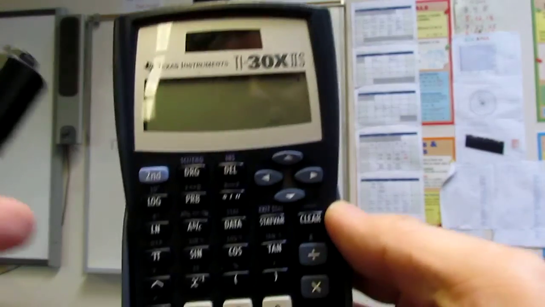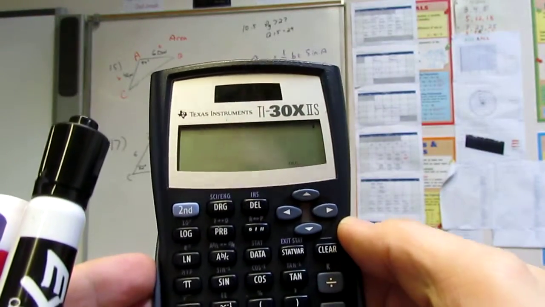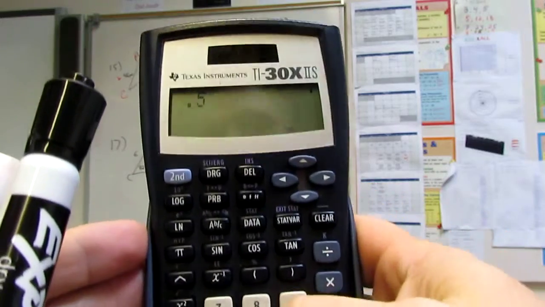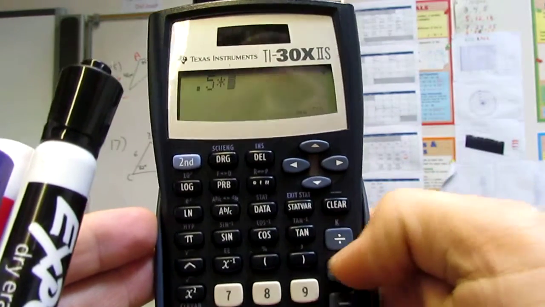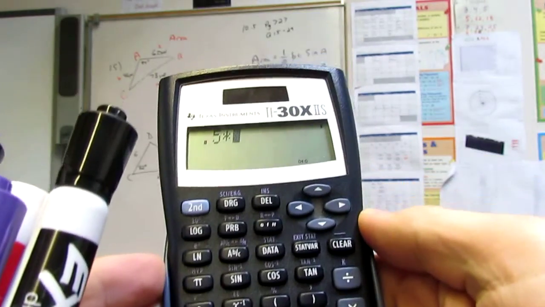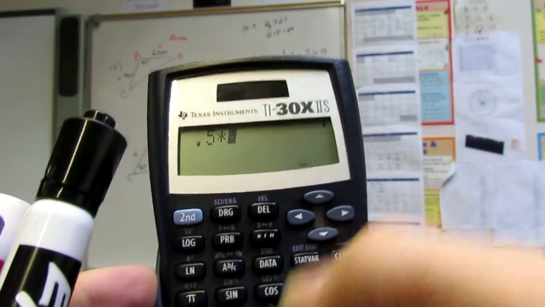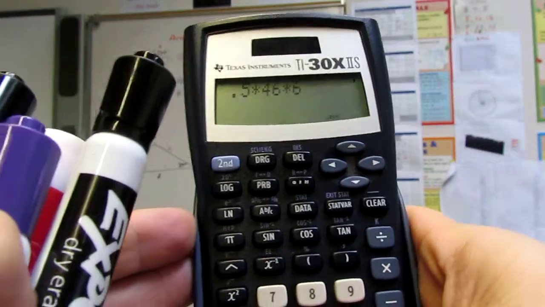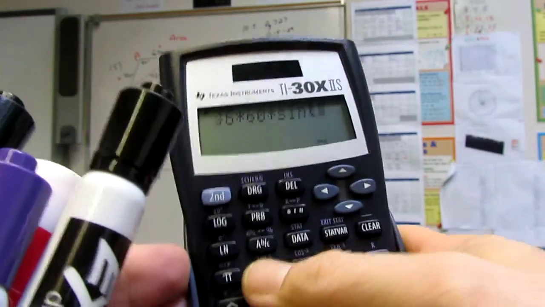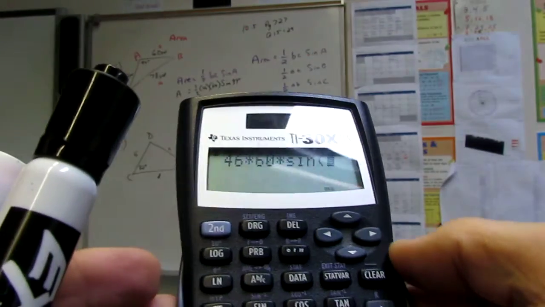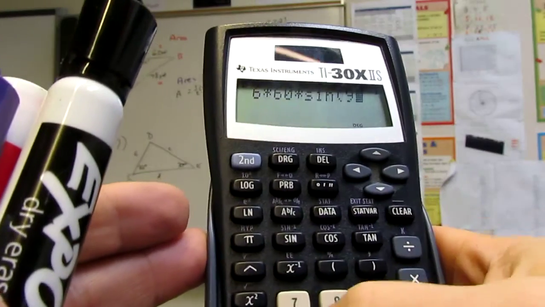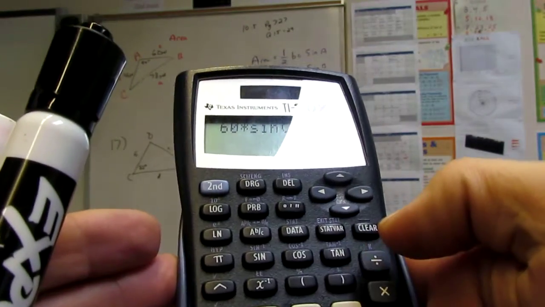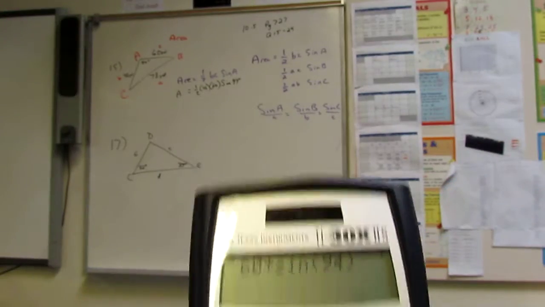So we're going to plug it in our calculator. 0.5 times 46 times 60 times sine of 94. Make sure it's in degrees.